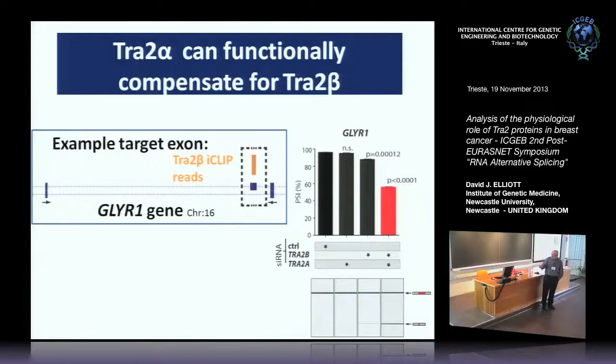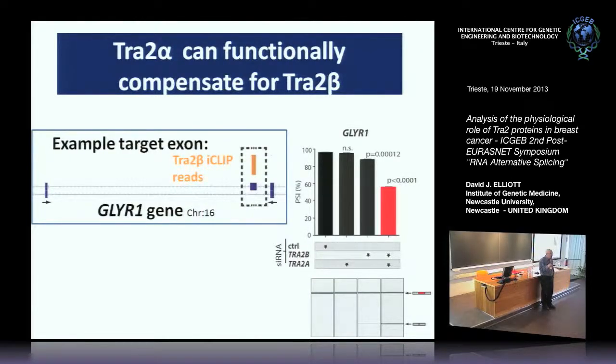What happened, this is capillary gel electrophoresis from one experiment. This is 3 independent repeats. What happened when we depleted Tra2 beta was absolutely nothing. So this is exon inclusion. This is exon skipping. So there's very little change in exon inclusion when you deplete Tra2 beta.